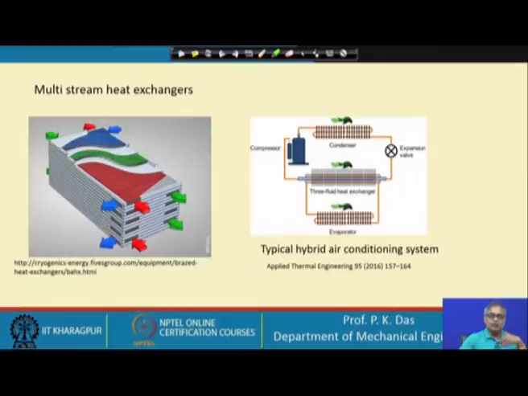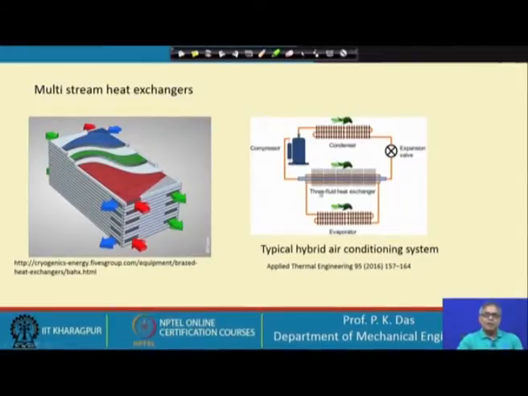Green indicates one particular kind of fluid, blue is indicating another kind of fluid, and then red is the third fluid. So, these 3 fluids are passing through the same heat exchanger. This is one example, and plate fin heat exchangers are very good for multi-fluid operation.